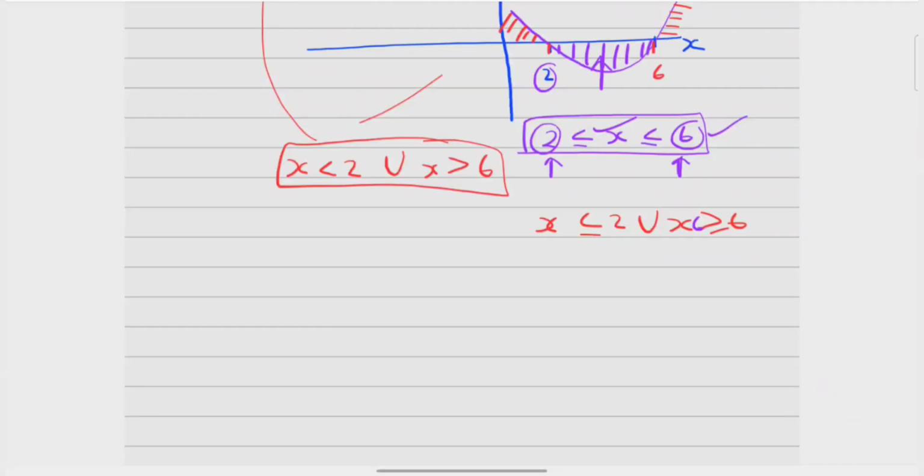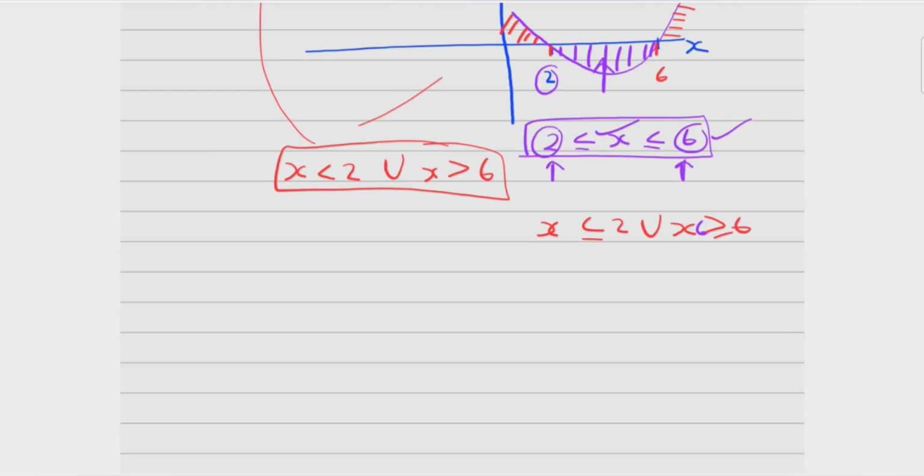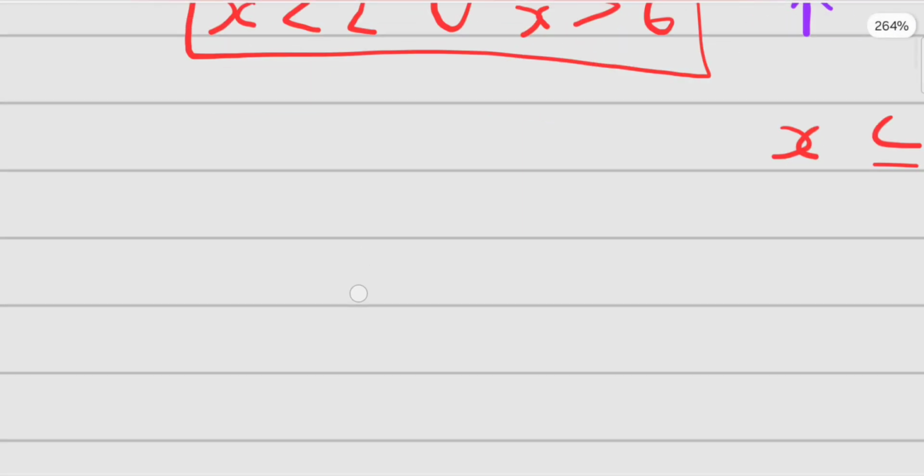And so now that we know how to get the sets of values of x like that, we now need to know how to deal with the nature of roots of a quadratic equation, and the discriminant b squared minus 4ac. This is the discriminant that I'm talking about, right?